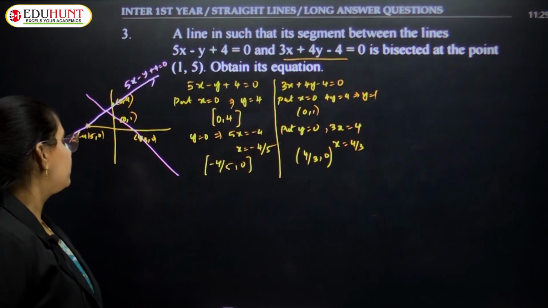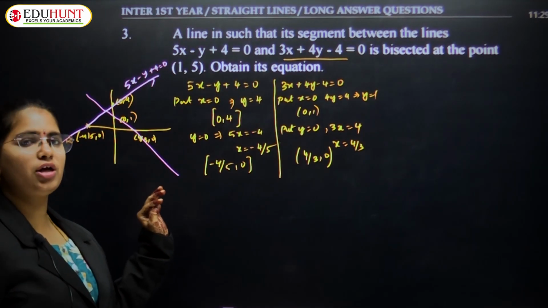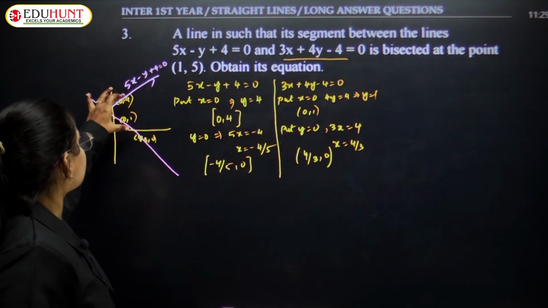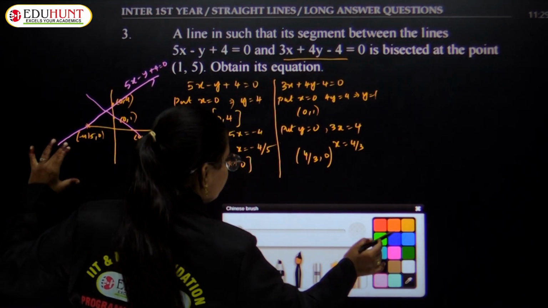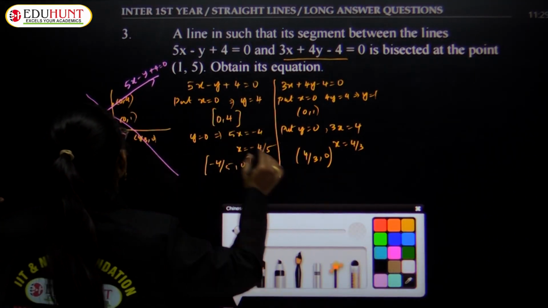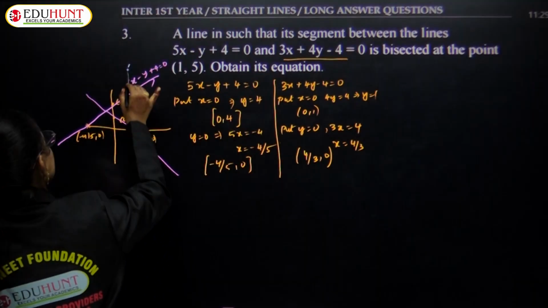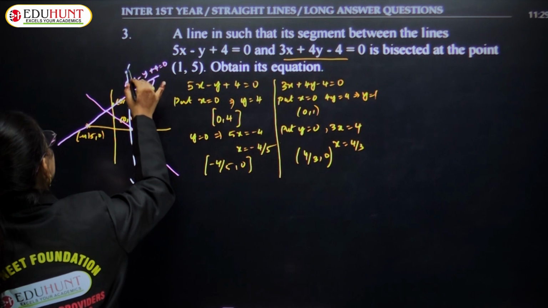Now we need to find such a line equation that is intercepted between these two lines. How can the line be drawn? Just a minute. If I want to draw a line, this should be the line, the particular line I need to find.